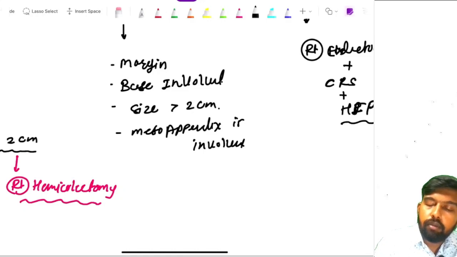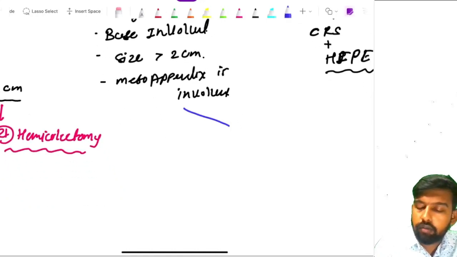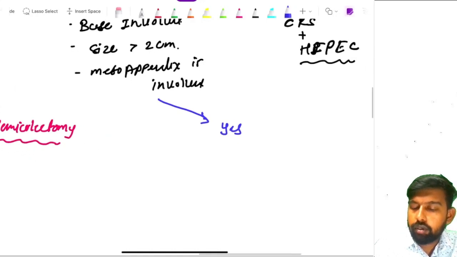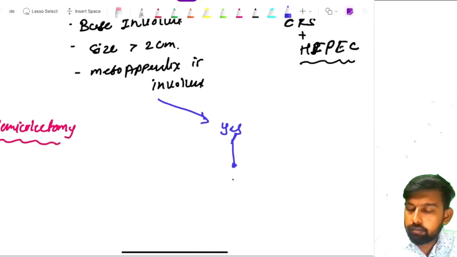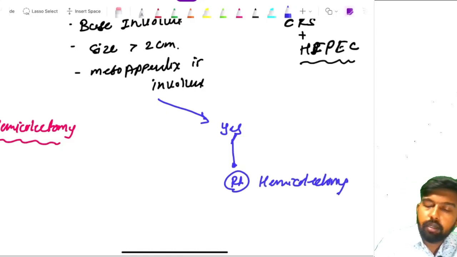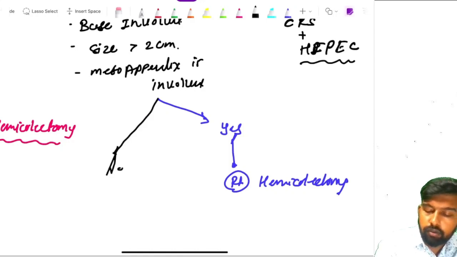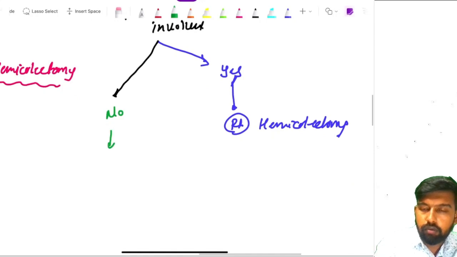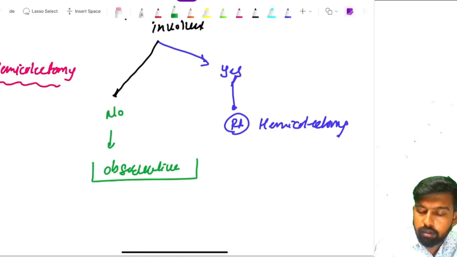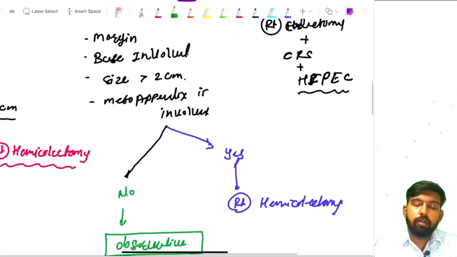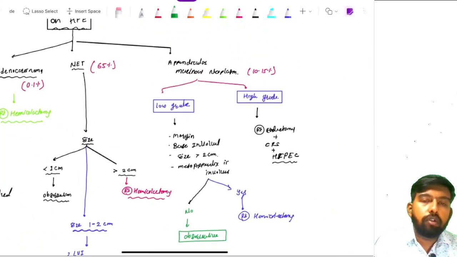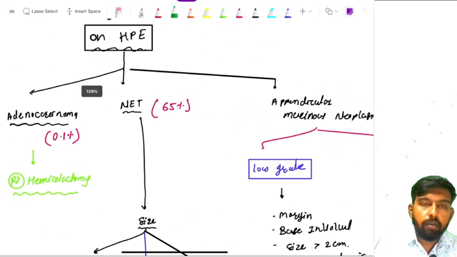If the answer to all these questions is yes, then we should proceed with the right colectomy. If the answer is no, then we can observe this type of tumor. So this is about the tumor found on histopathological examination of the appendix in the postoperative period.